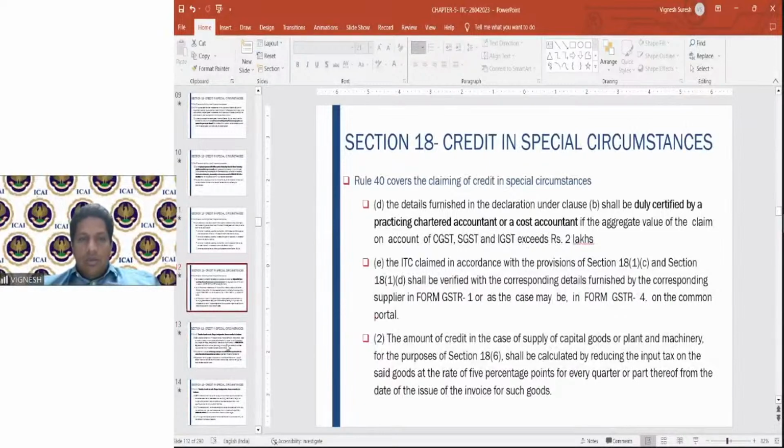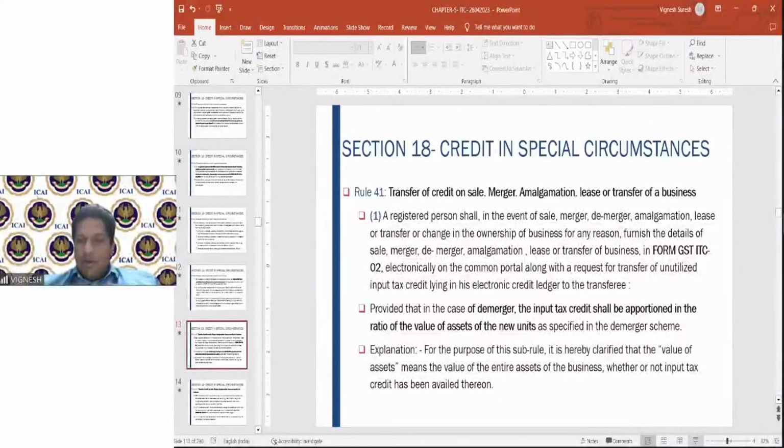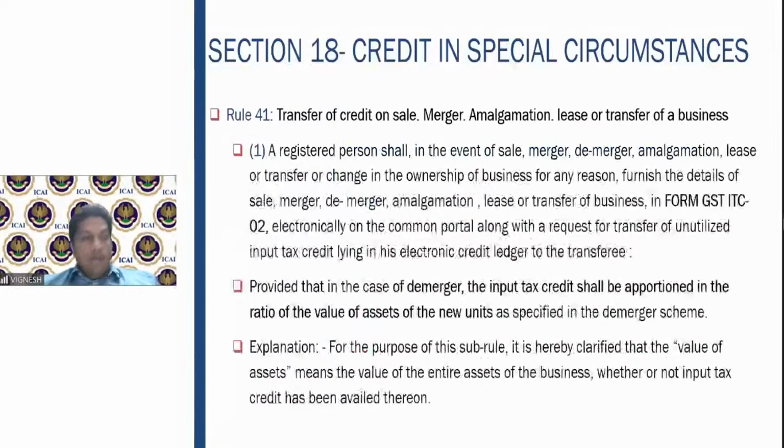Fine. So that was your rule 40. Now we come to rule number 41 with regard to transfer of credit on sale, merger, amalgamation, lease or transfer of business. So these are also with regard to sale of business, merger of business, demerger, amalgamation, etc. He will furnish the details of all that in form ITC 02 along with a request of transfer of unutilized credit, because you're transferring the credit from one person to the other here.